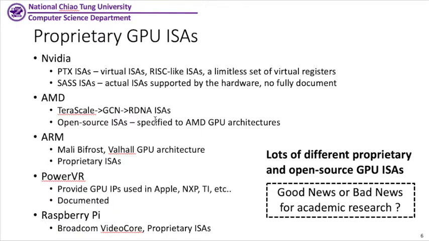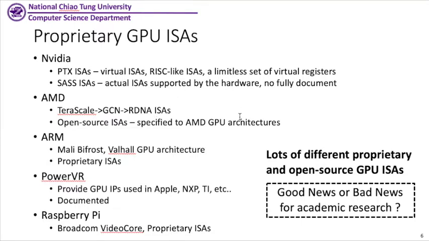The RDNA instruction set is planned to be used in mobile products and game consoles, and RDNA2 is the latest version. So AMD instruction sets are open source, but all of them are customized for AMD GPUs, so they are not flexible to be used in different IPs.